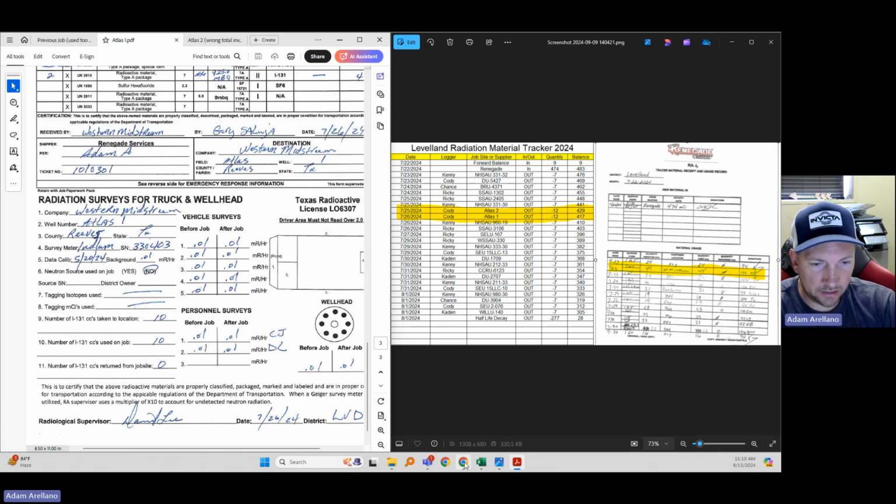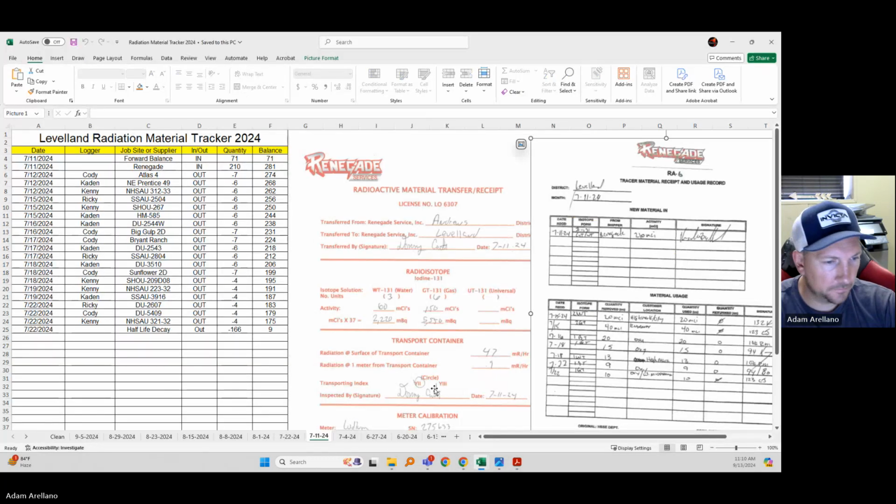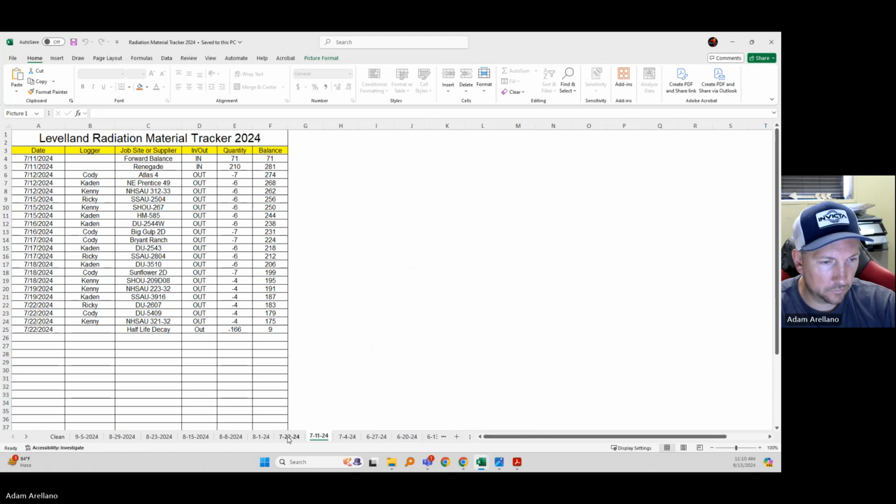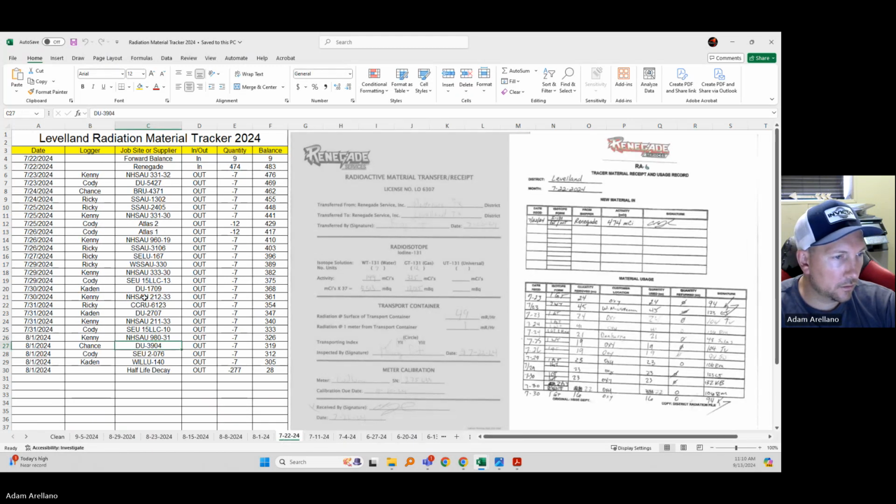This was July 26th. So there they are. I was showing he used 12 in each job, and in order to have a zero inventory, you'd have to use probably 20 in each job, which I really don't think we're using 20, but we just got to do a better job of looking at what our inventory is and putting it down on the paperwork accurately.